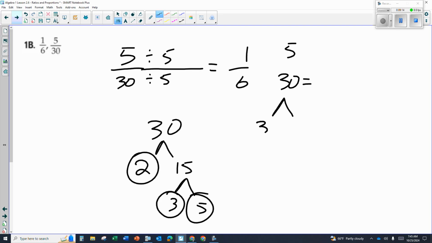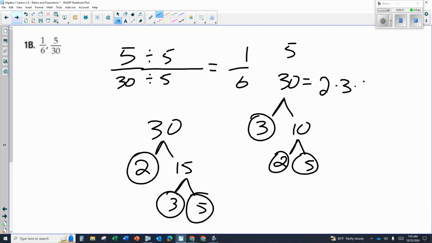Even if I did 3 times 10, well, 3 is prime. 10 would be 2 times 5. And I still get the same factorization, because 2 times 3 times 5 is the same thing. We usually write it in order from least to greatest. So 2 times 3 times 5.